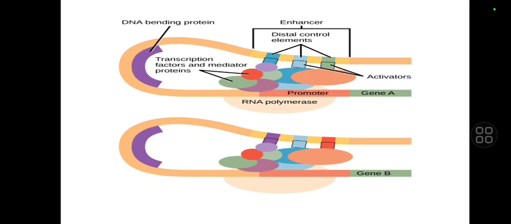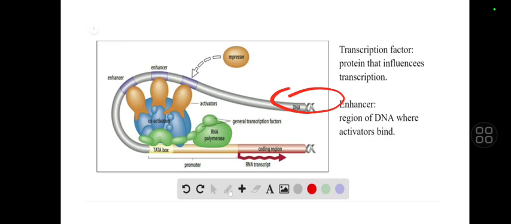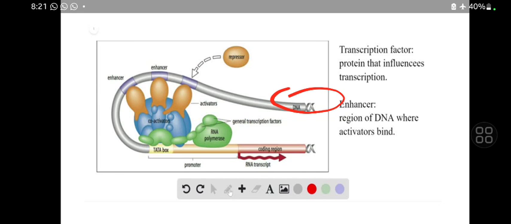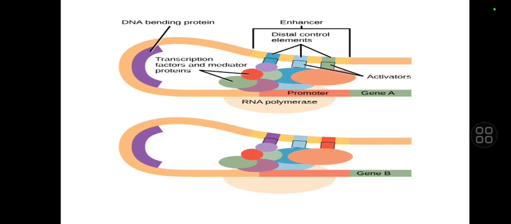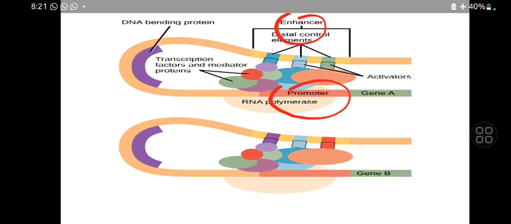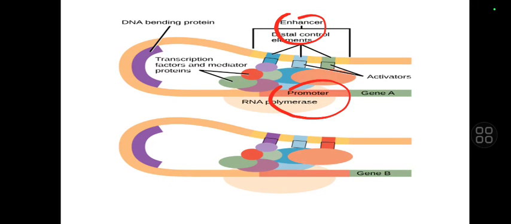So this is the promoter sequence, and this is the enhancer sequence. This is situated much away from the promoter. Still it has a role in controlling gene regulation or transcription.